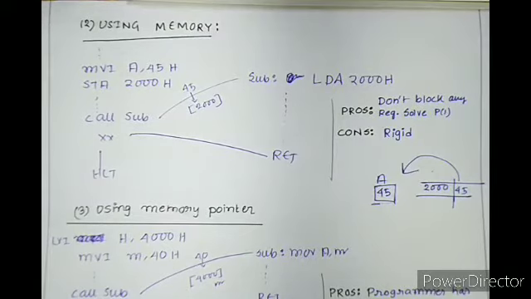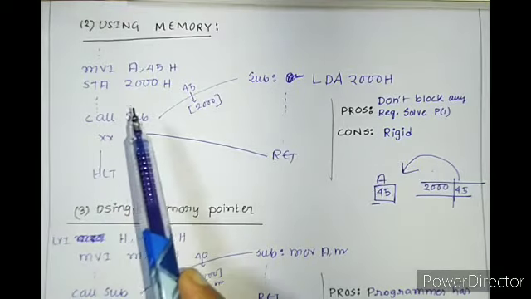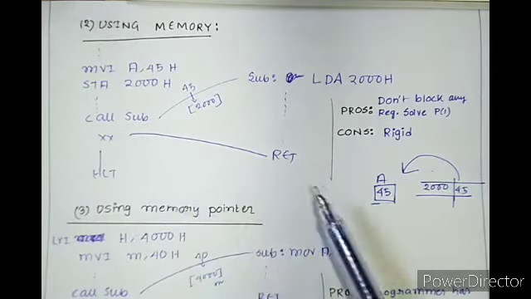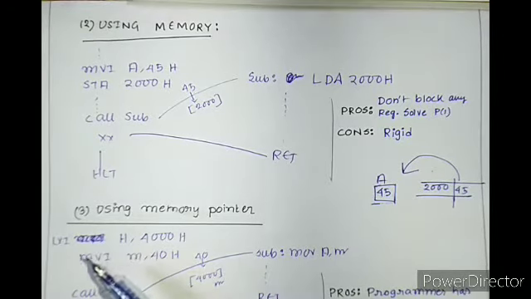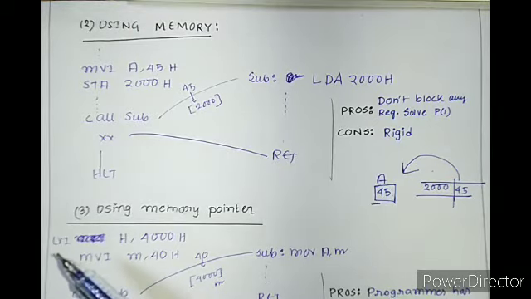What is happening in this scenario? Here we are not blocking any register. I can use any register that I want because we are using memory, and a 64 kilobyte memory exists in the microprocessor. So no register will be blocked, right?